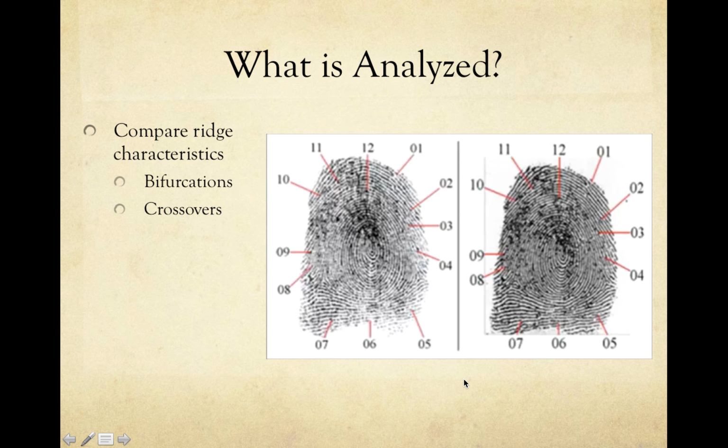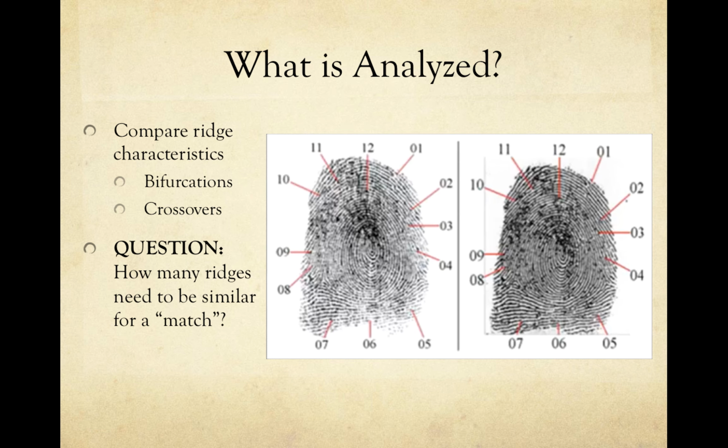But how do they decide, yes, I have enough here that there actually is a match between these two fingerprints? How many ridges need to be similar for me to say, yep, that's a match, or nope, that's not a match? And this is kind of qualitative. They do look at things like the print size and the shape and the orientation, along with the number of similarities that we see numbered here.